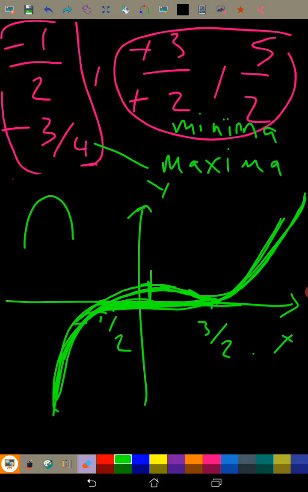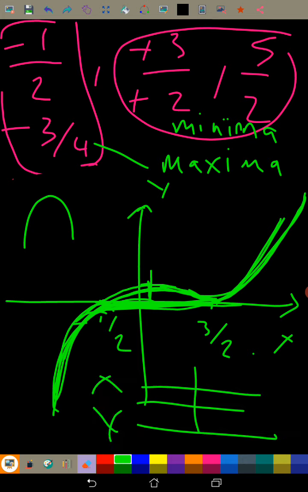When x is 0, it's 2. I wonder how to plot this. But if you want to plot this, you can also just throw some values of x, obtain the value of y, plot the points like that, like that, and like that, and so on.